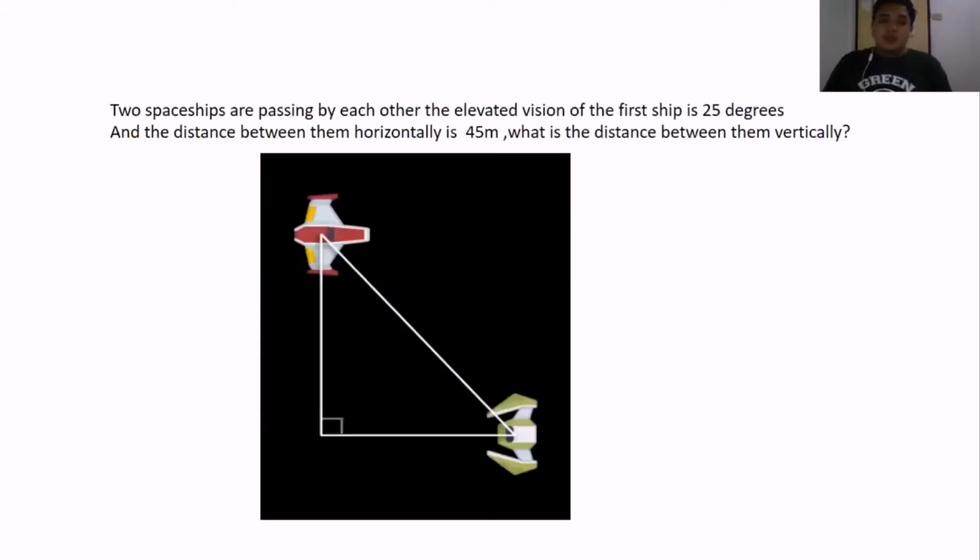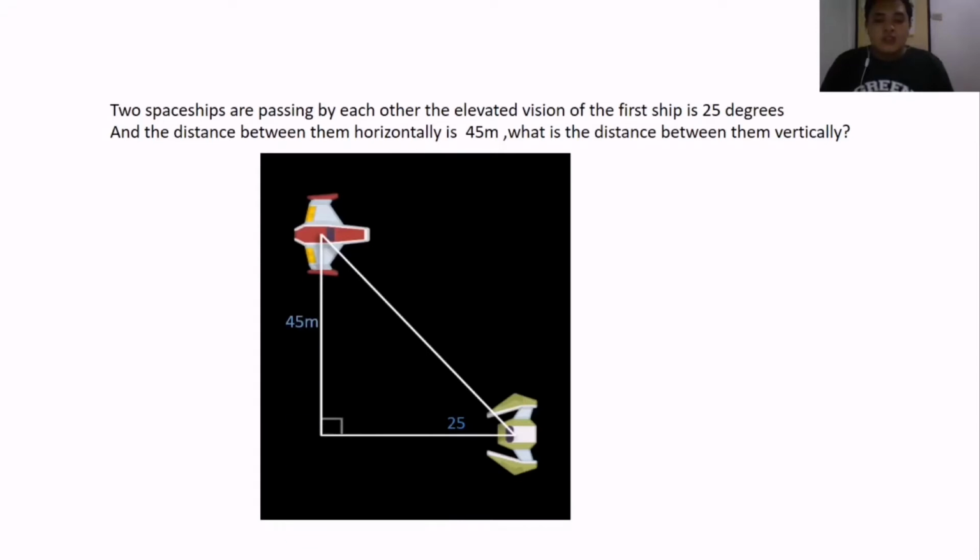Now, third example. Two spaceships are passing by each other. The elevated vision of the first ship is 25 degrees, and the distance between them horizontally is 45 meters. What is the distance between them vertically? Now, this one, since we are looking for the hypotenuse, 25 degrees and 45 meters are given.